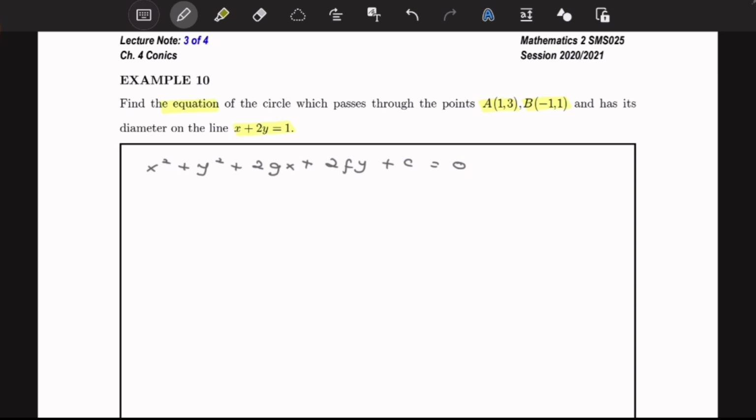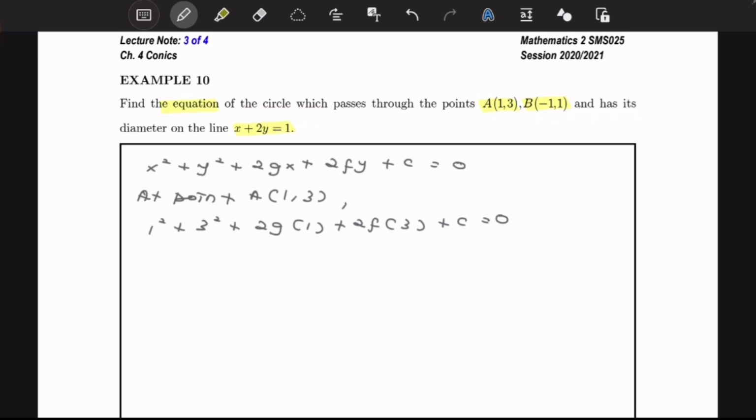We will get the first equation from point A, coordinate (1, 3). Substitute into the equation, we'll get 1 square plus 3 square plus 2g in bracket 1 plus 2f in bracket 3 plus c equal to 0.